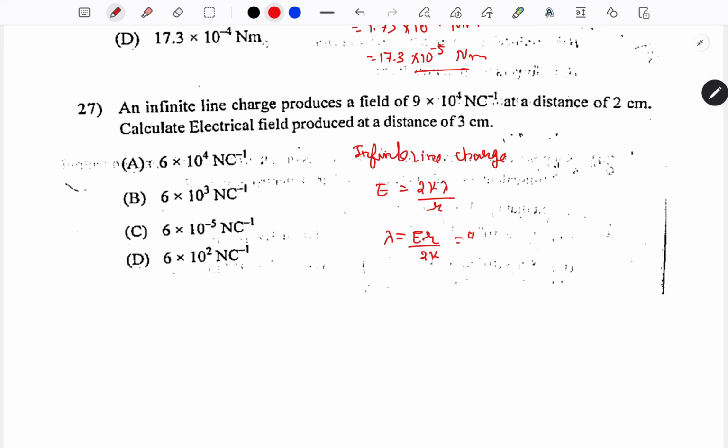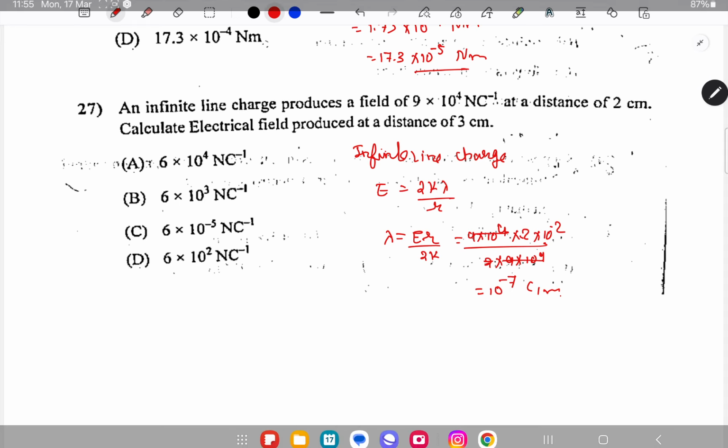So it will be 9 into 10 to the power 4 multiplied by 2 into 10 to the power minus 2, divided by 2 multiplied by 9 into 10 to the power 9. Cancelling these, the value comes to 10 to the power minus 7 coulomb per meter.